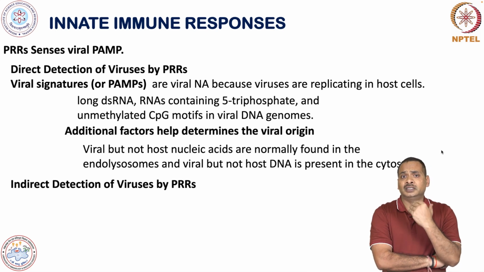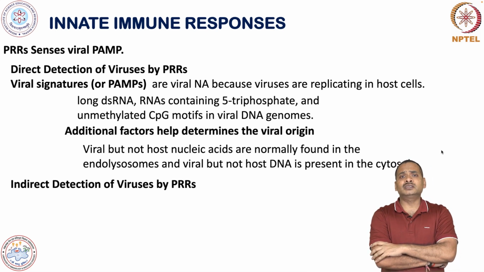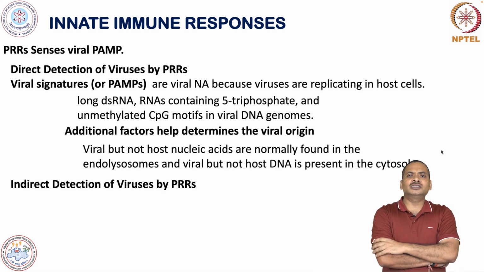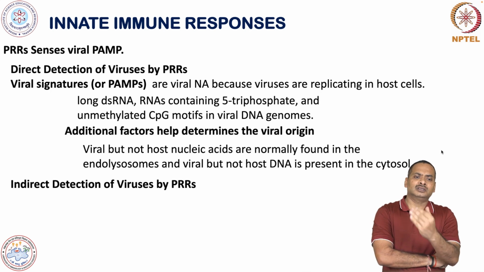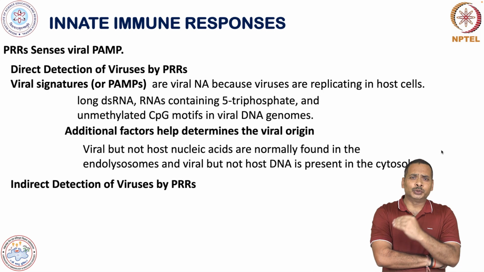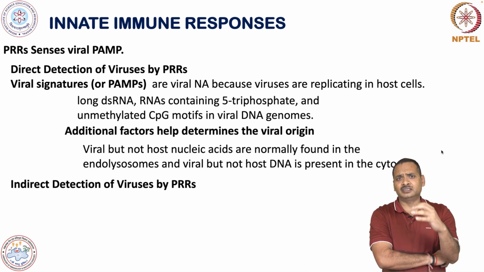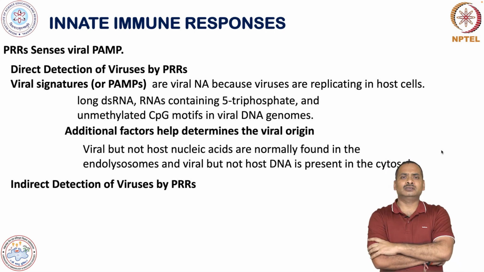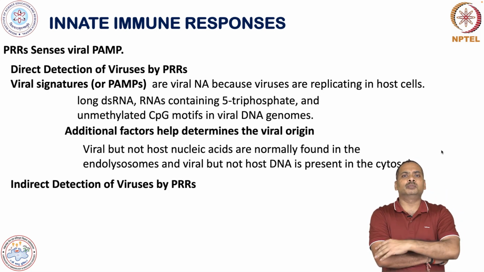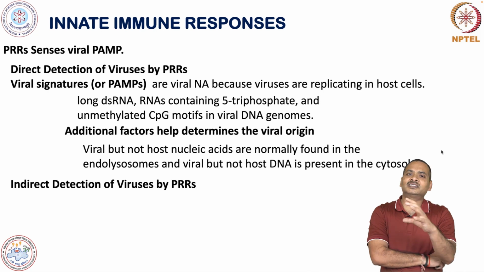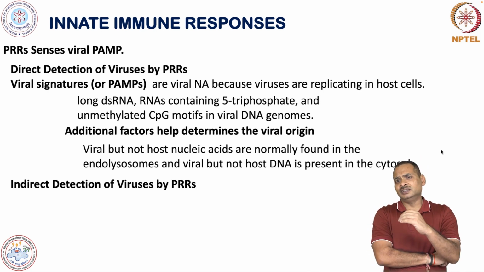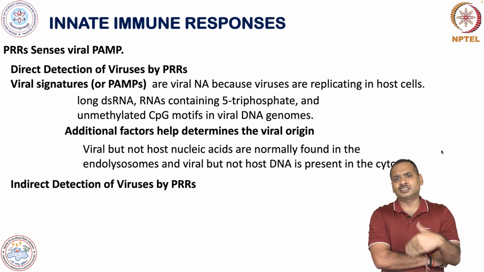There is an indirect detection of virus by pattern recognition receptors. This indirect recognition of virus is because, you know, viruses hijack the host cellular machinery, and when they hijack it and make their own copies, the cells are under stress, and then there will be stress responses.